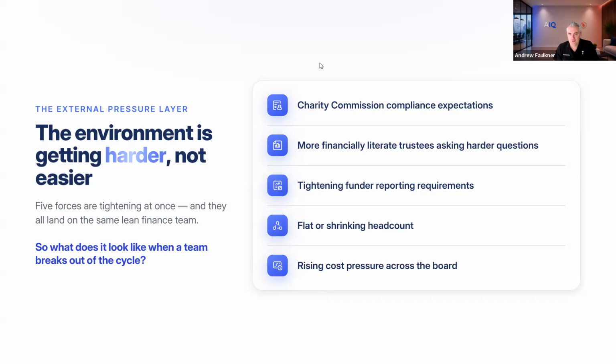More financially literate trustees. This is an interesting one. Quite often, when we're looking for board sign-off, we find ourselves having to do very short presentations to a number of the trustees or board members, and I can definitely vouch for the quality of the questions. No disrespect to people who sit on these boards, but there's definitely been an upswing. I don't know whether AI's driven it or what, over the last 12 months.